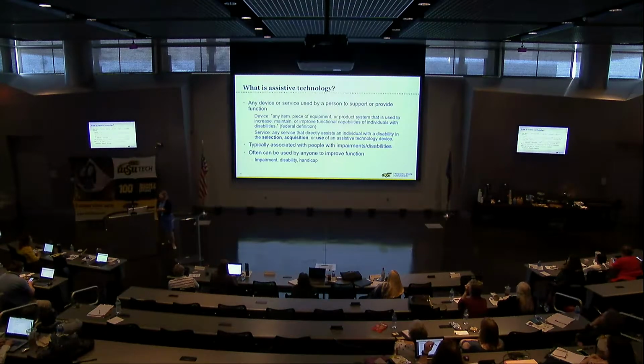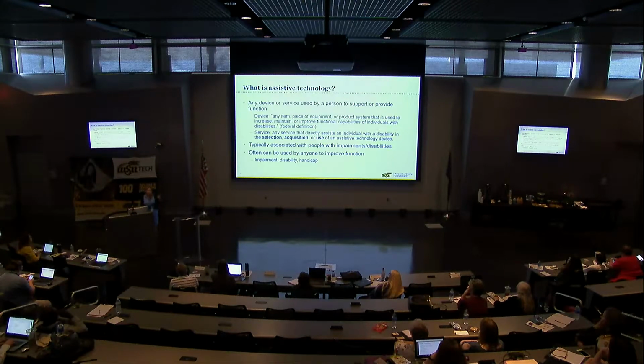So, assistive technologies. Assistive technologies are defined federally because they're sometimes paid for federally. Depending upon the age of someone, the nature of the impairment, the nature of the technology, and other things, they might be paid for by a government office at some time. So it's very strictly defined.